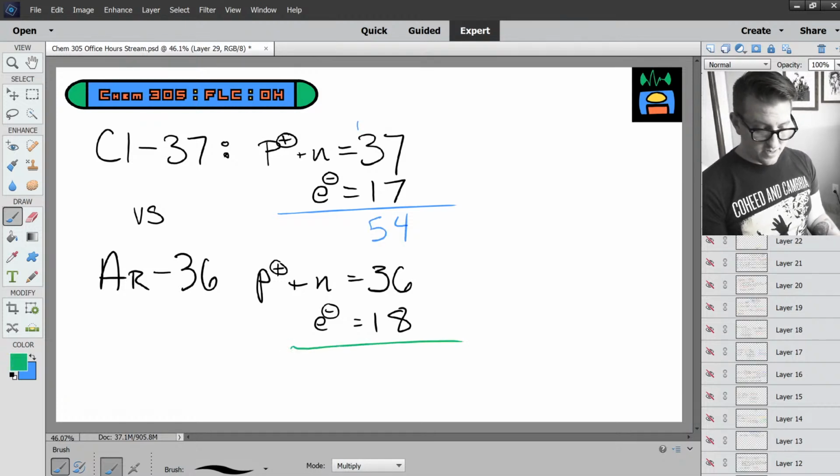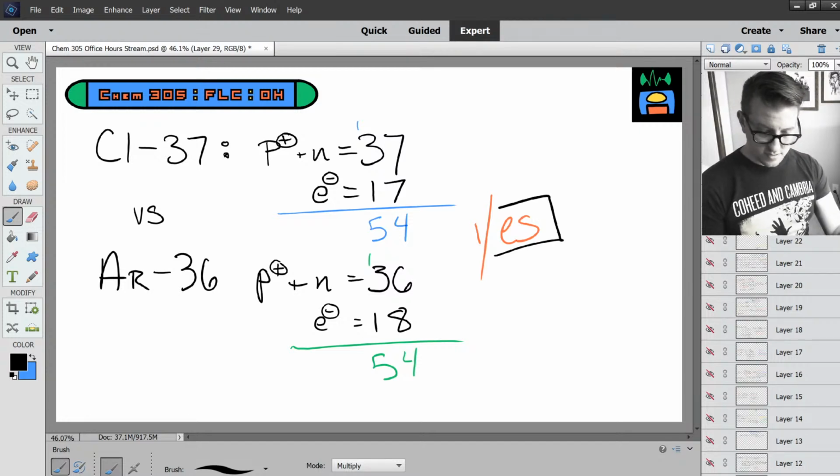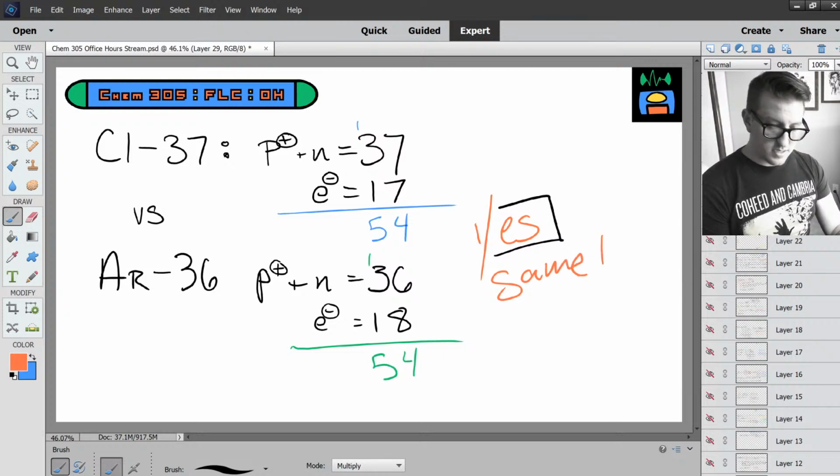And when we add 36 and 18, it adds to 54. So yes, same number of subatomic particles.